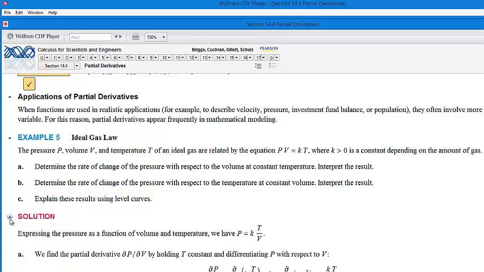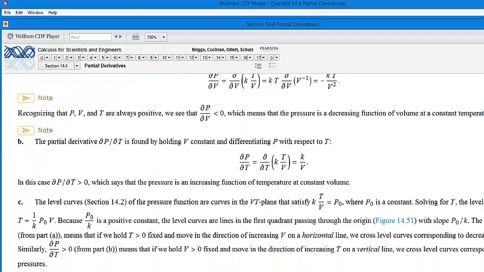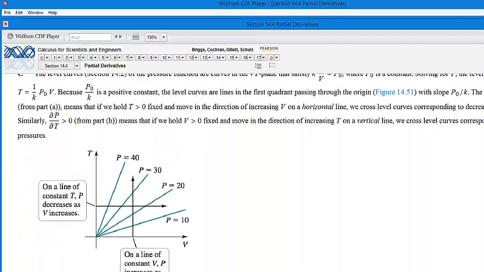Let's look at that solution, part C, because I think the quick check was about the diagram. Here's the different lines for various pressures. So when I said 10, I was looking at this line. We were holding the temperature constant, so their temperature was their Y value. If you're in this world where the temperature is always at this level, and you increase the volume, you're going to be decreasing the pressure.